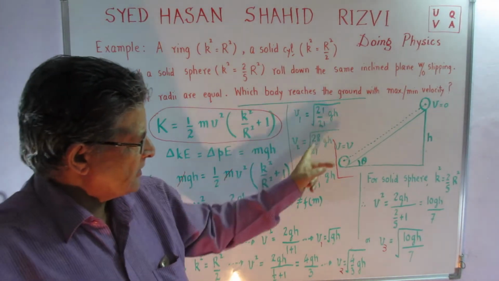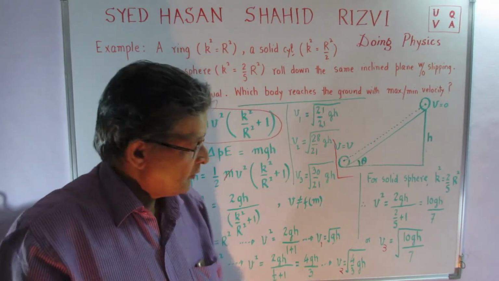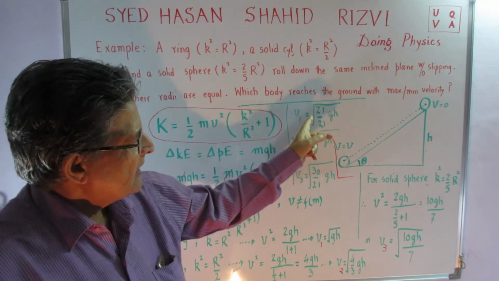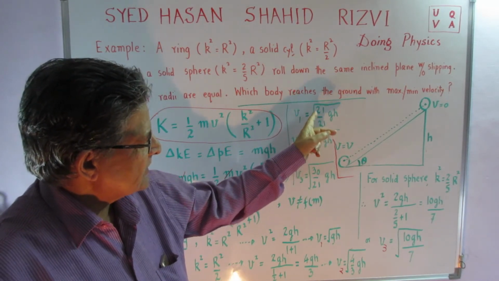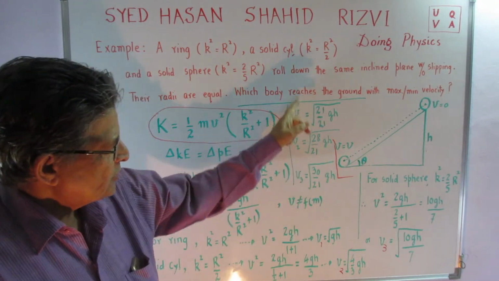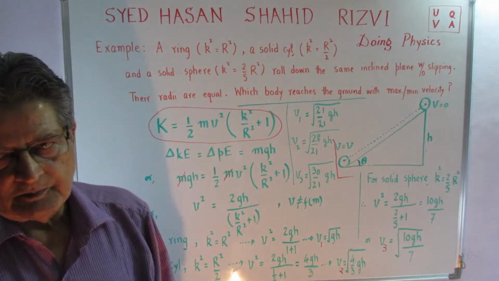Since the denominators are the same, for the sake of comparison I can take these as 21, 28 and 30, which are in increasing order.